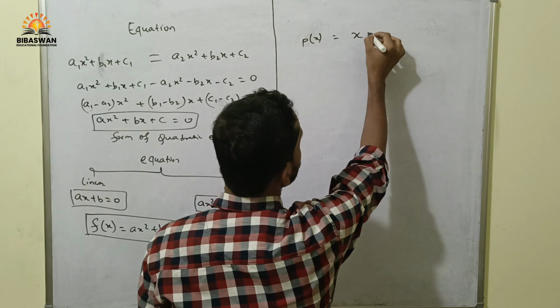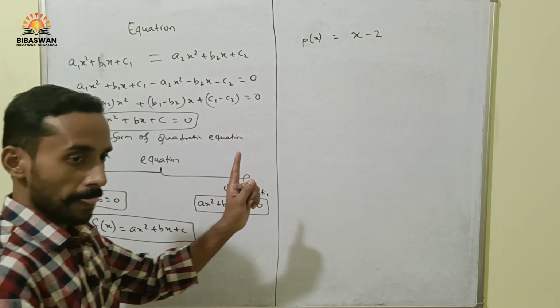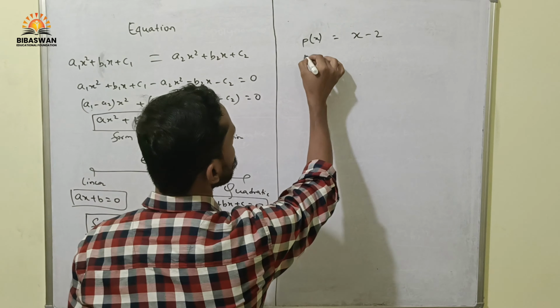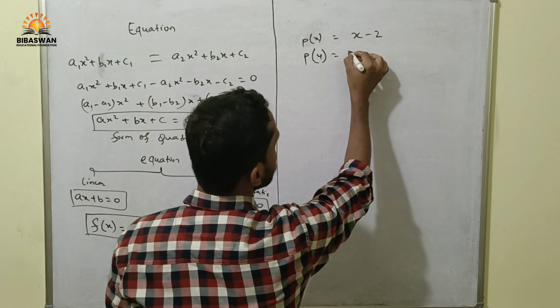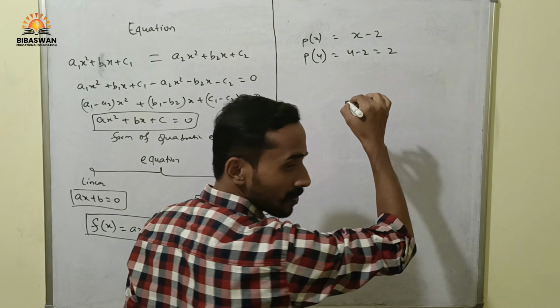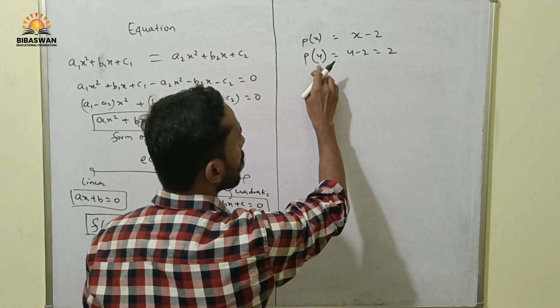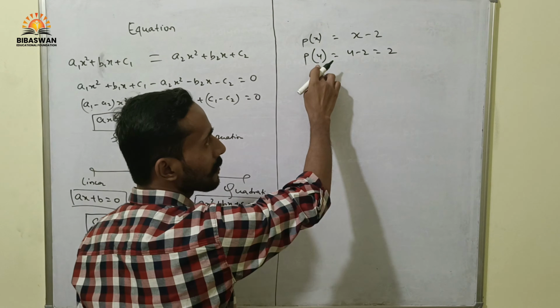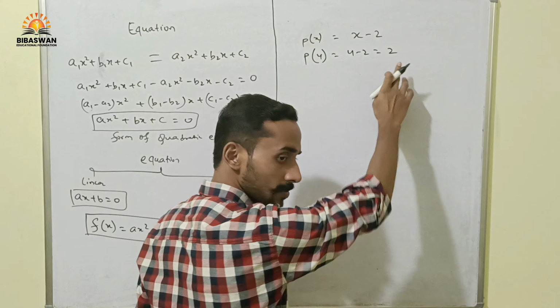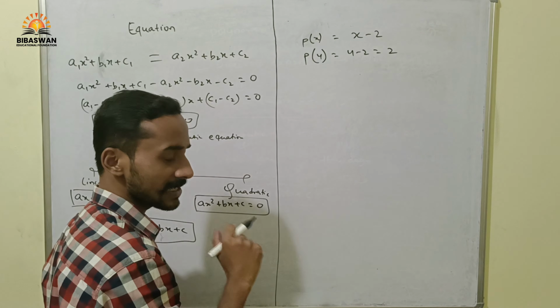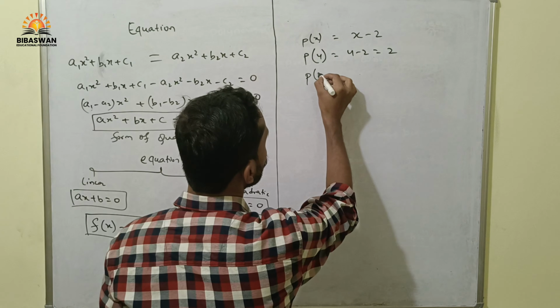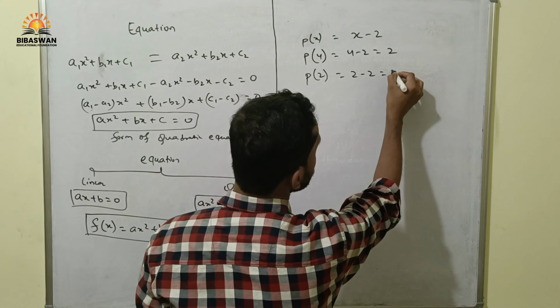Now if I say p of x is equal to x minus 2, then if I put p of 4, 4 minus 2 is equal to 2. Then we say that the value of this polynomial at 4 is equal to 2. This is a very easy statement. And if we put 2 here, we get 0.